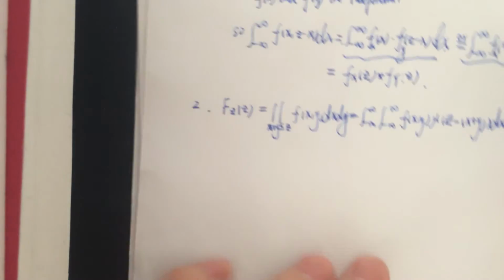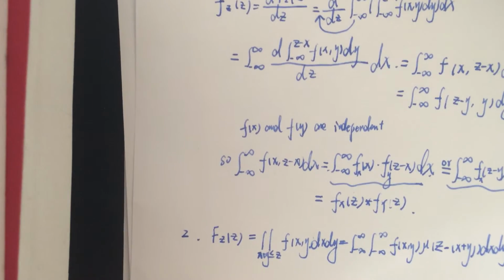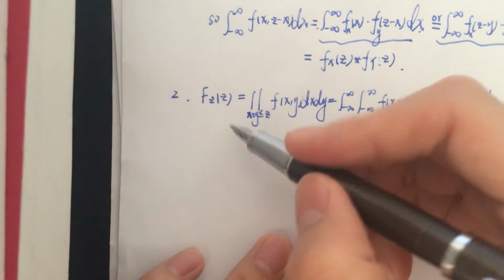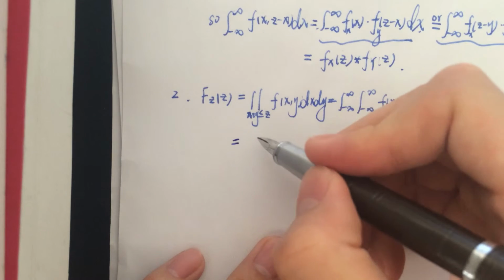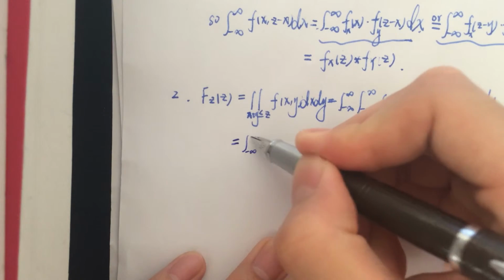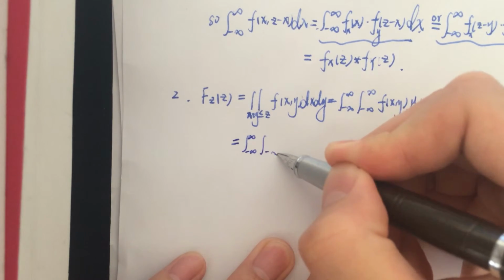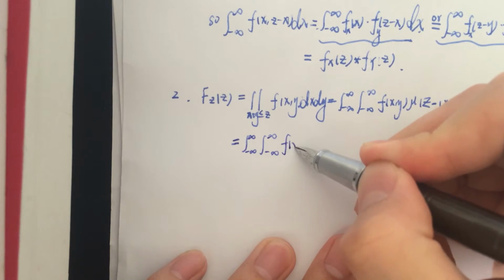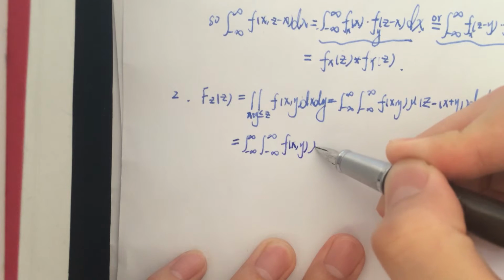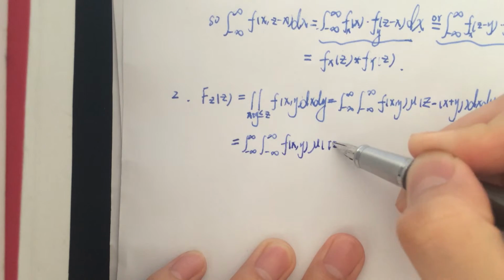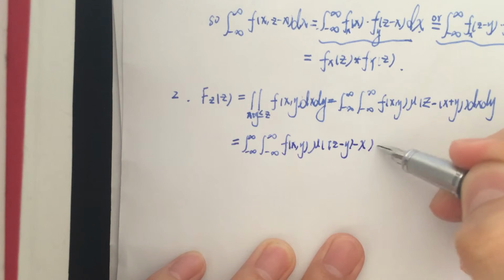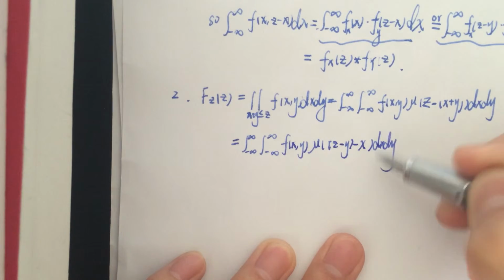And from this one, we can get minus infinity to infinity of the integration of f(x,y) u(z minus y minus x) dx dy.